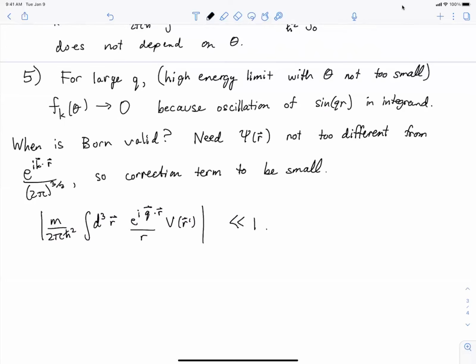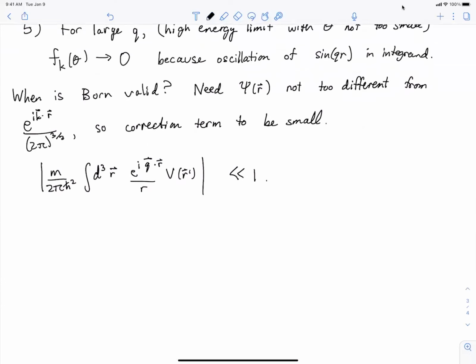And so for any given potential, you can check this on a case-by-case basis. But for the same reason that the cross-section got small, this is probably going to be better at high energies. So one thing is if the potential is small, then that will certainly be small. So that's one limit in which it should work.